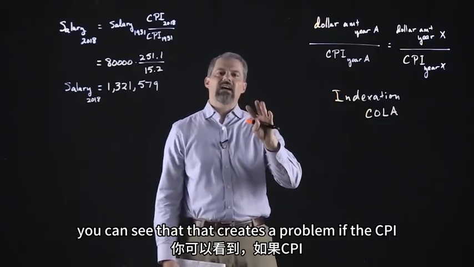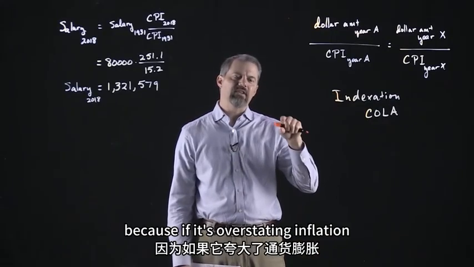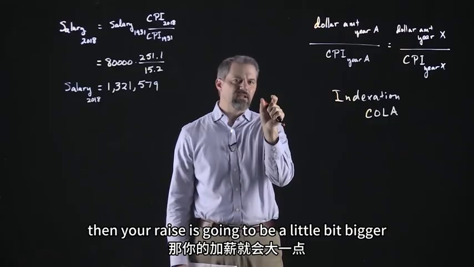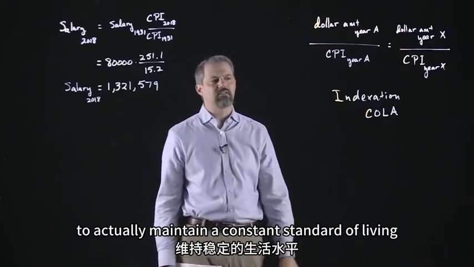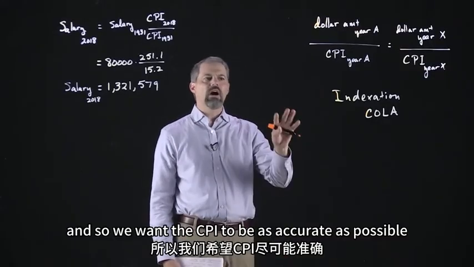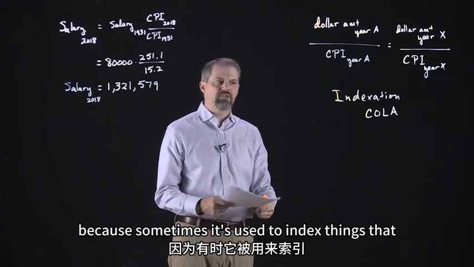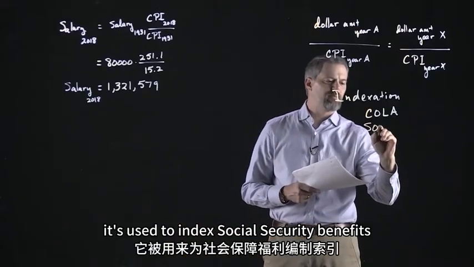You can see that that creates a problem if the CPI overstates inflation, because then your raise is going to be a little bit bigger than what you need to actually maintain a constant standard of living. And so we want the CPI to be as accurate as possible, because sometimes it's used to index things. It's used to index Social Security benefits.